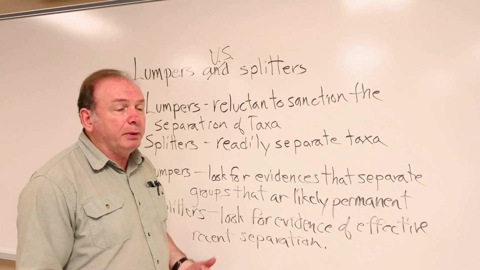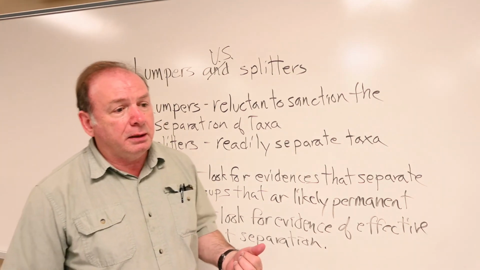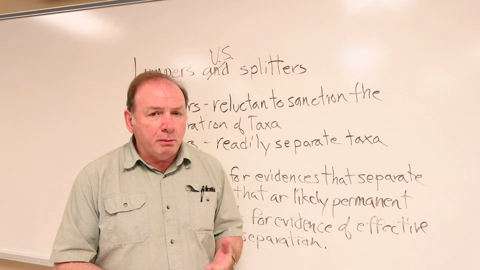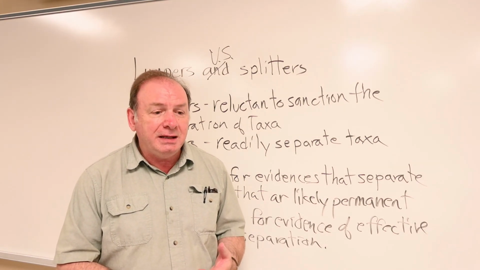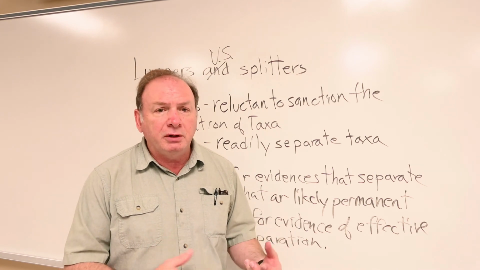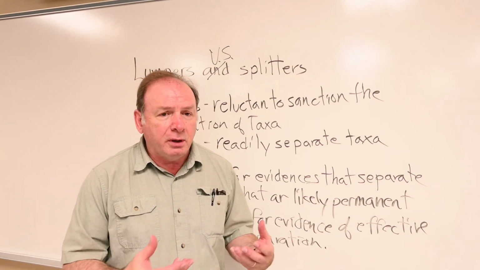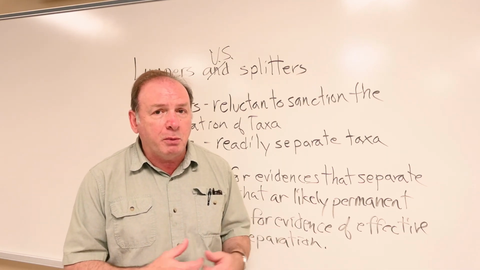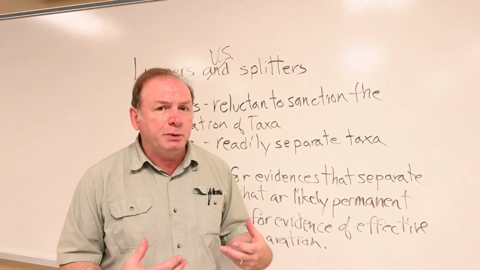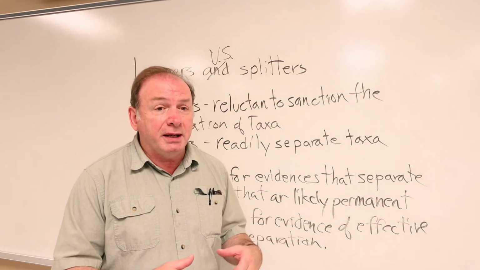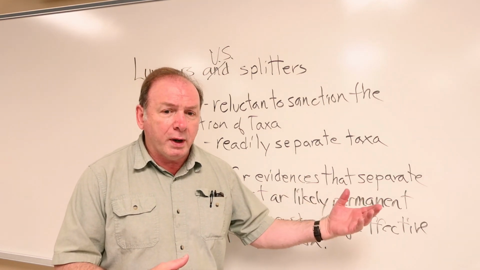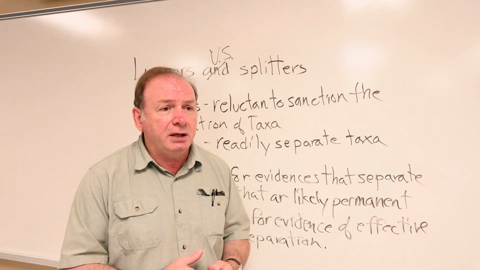A couple of examples of this, the what used to be called Audubon's warbler in the west and the myrtle warbler in the east. Very similar birds. One had a yellow throat, one had a white throat. Otherwise, they had mostly the same kinds of markings, but they were considered different species for a long period of time until they found that there were some birds hybridizing up in the northern states.